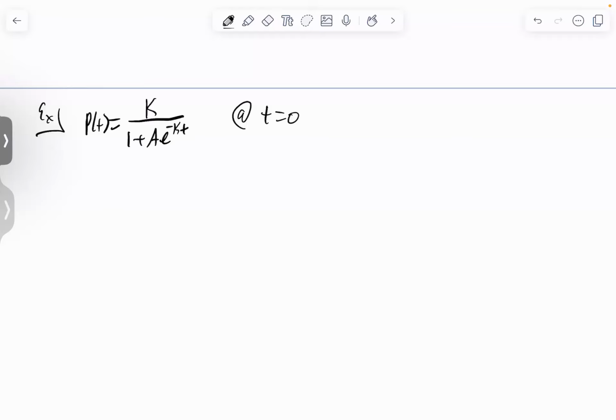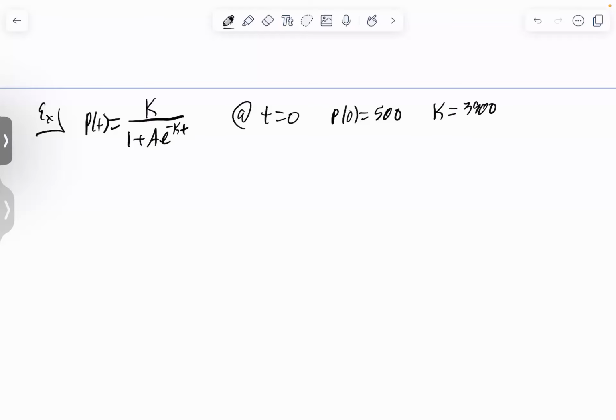And at t equals 0, they tell us that there were 500 fish. It says biologists stocked a lake with 500 fish, so there's our initial condition, and estimated the carrying capacity, the maximum population, is 3,900. So we're using capital K for this problem, which is 3,900.